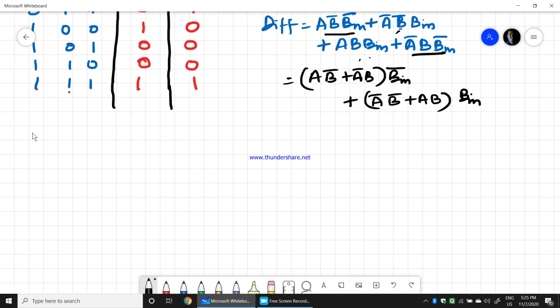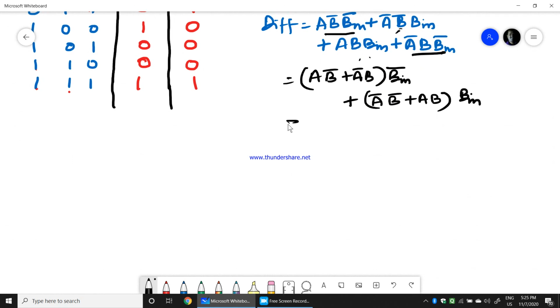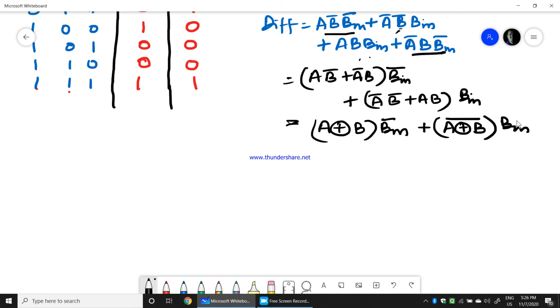Now if you see this, A B bar plus A bar B is A XOR B, plus A bar B bar plus A B is the XNOR. So the XNOR can be written as complement of XOR, A XOR B the whole bar.